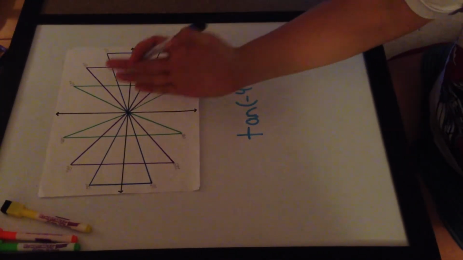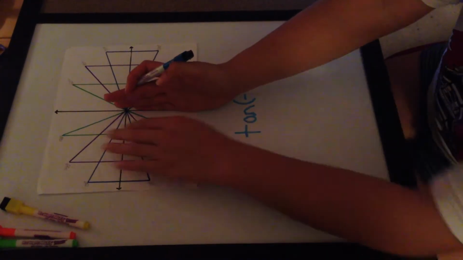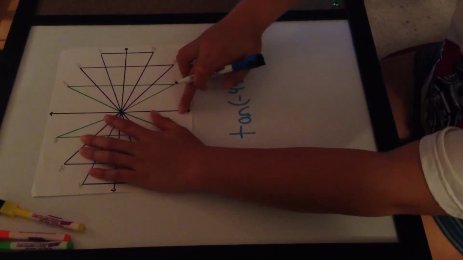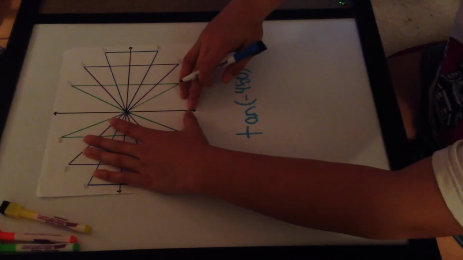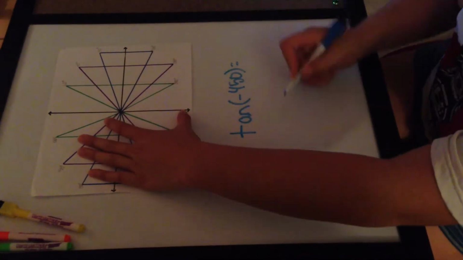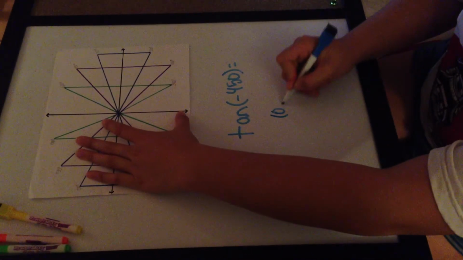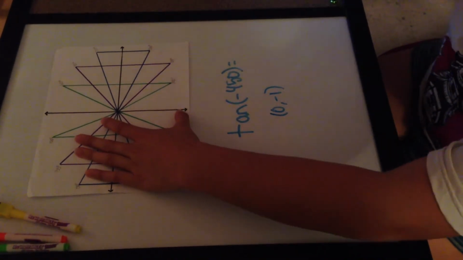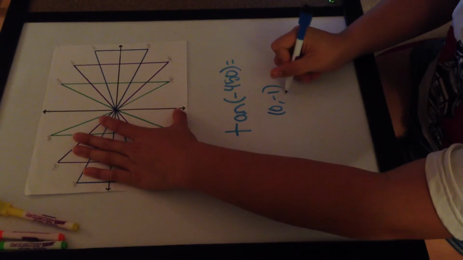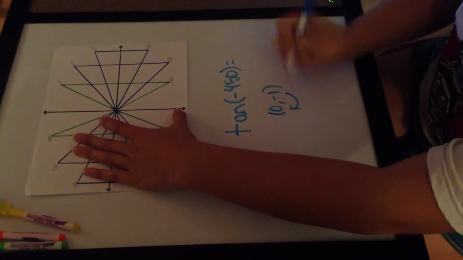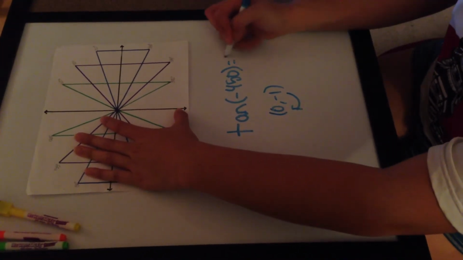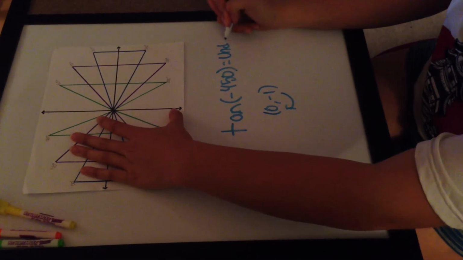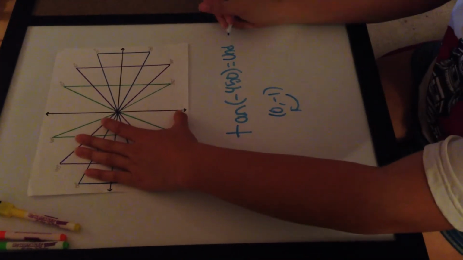And so if we went down here, it would be a 0, comma, negative 1. So this would be your value down here. And since it is sine over cosine, it would be undefined because you cannot divide something by 0.